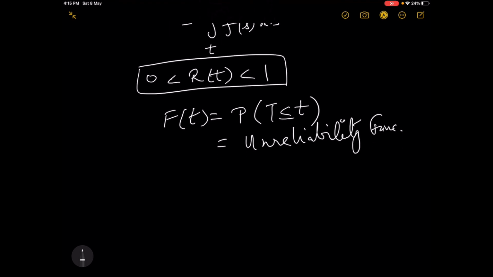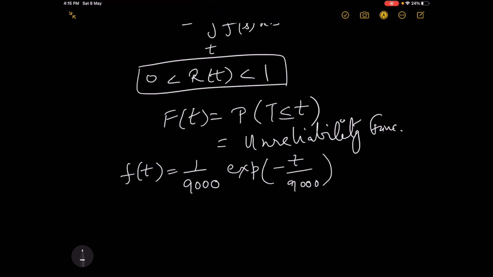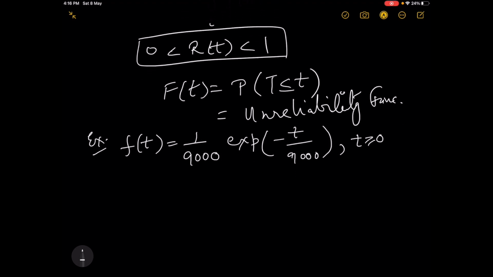We can begin with a simple example. Assume that the component whose failure time we are interested in follows an exponential density function, for a lifetime t, which has to be non-negative.